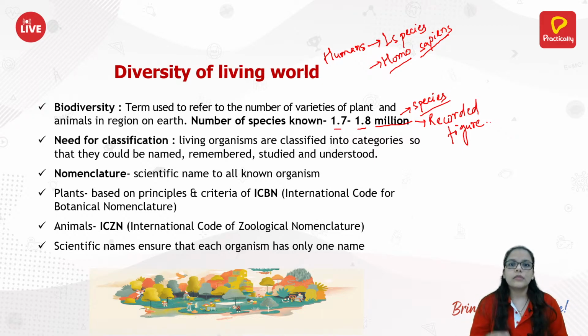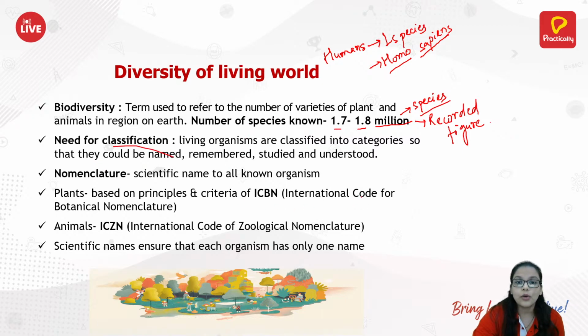It is easy for human beings to characterize everything: what kind of plant is that, what kind of animal is that, what kind of organism is that. We have to characterize everything just to understand the world better. That is why you need classification.